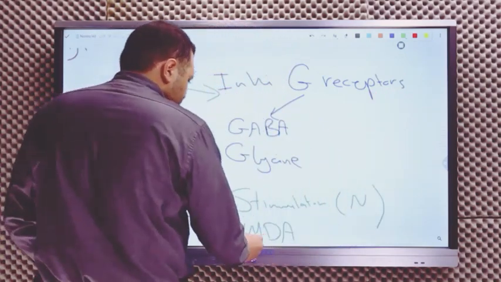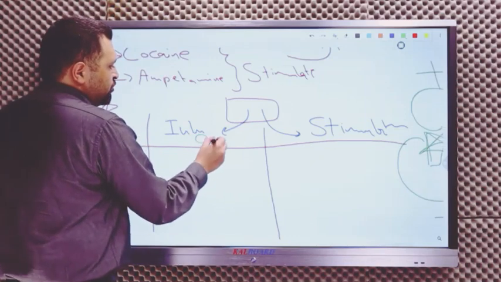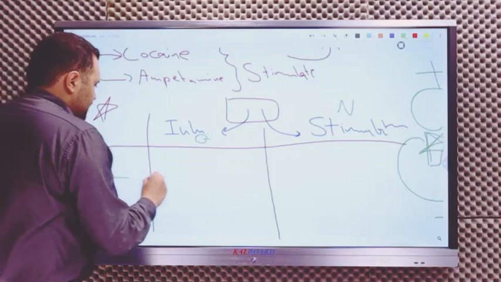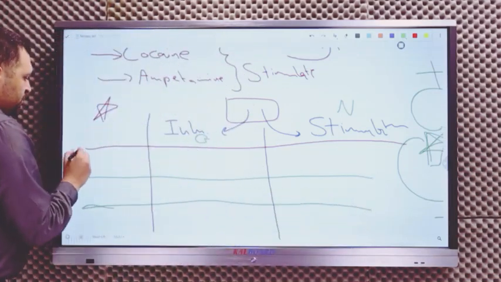Let's go back to our table here. We put the inhibitory or the G group here and the stimulatory, the N group here. Let's make our drugs be put here.